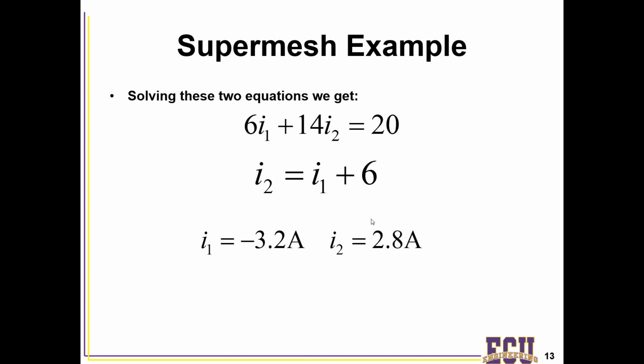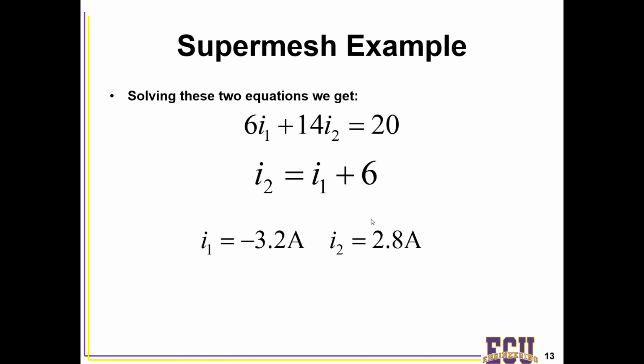All that means is if we drew the arrow clockwise, the current in that mesh in fact actually just goes counterclockwise. So just like if you solved for a vector in a statics course, if you get a negative value, that just means you drew the arrow in the wrong direction. And the math fleshes that all out and allows us to see what the true current is and the true direction of that current.